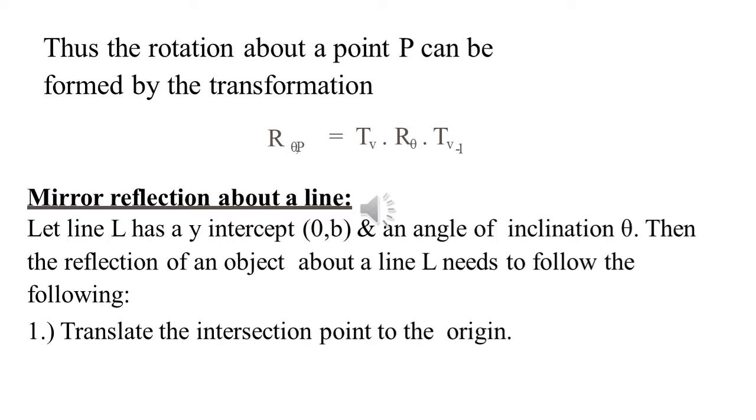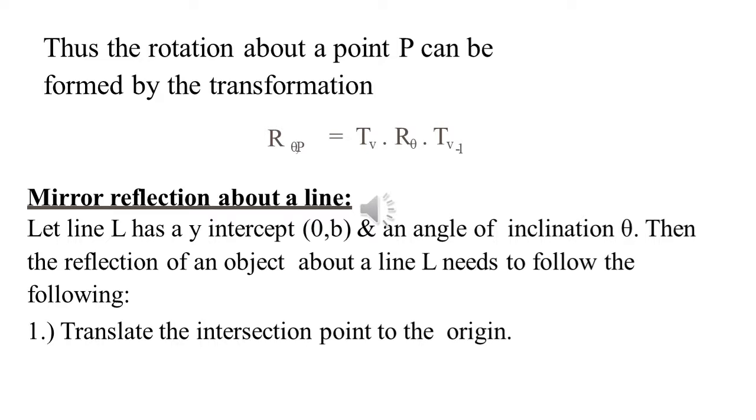Next, mirror reflection about a line. Line L has a y-intercept (0, b) and an angle of inclination theta.